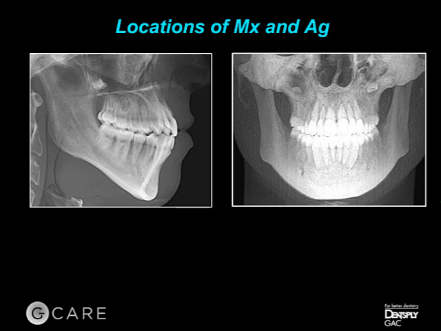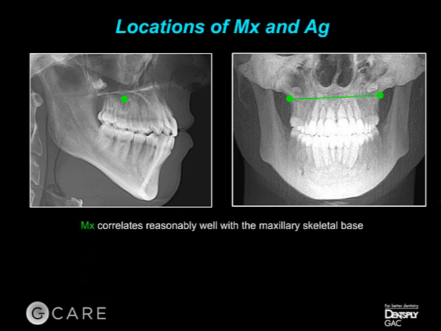However, if we start to look at the shape of the lower jaws, and now that we have three-dimensional imaging capability, we can go back and revisit these landmarks and say, okay, well, in 3 dimensions, this is where MXMX is. And I would agree that this correlates really well with the base of the upper jaw.